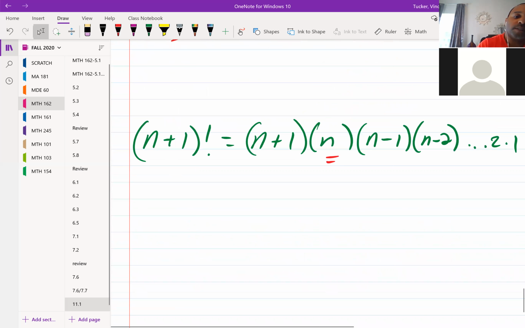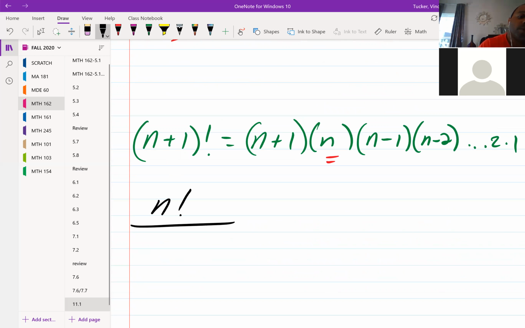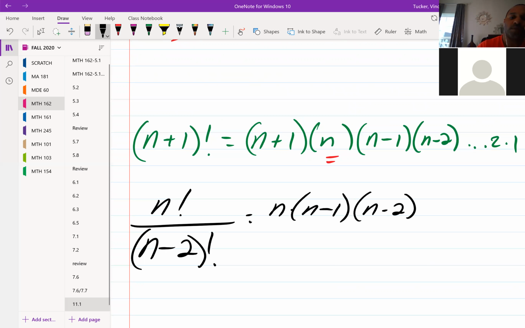All right, let's say I had n factorial over n minus 2 factorial. So I would take that n factorial down to n minus 2, because remember, you can keep subtracting 1 until you get to that.